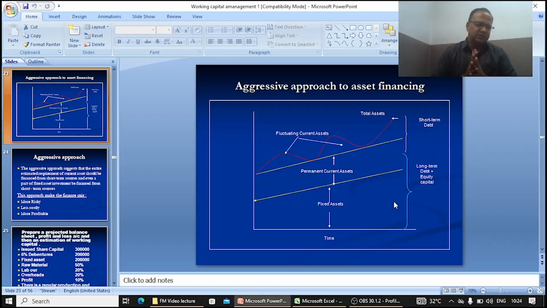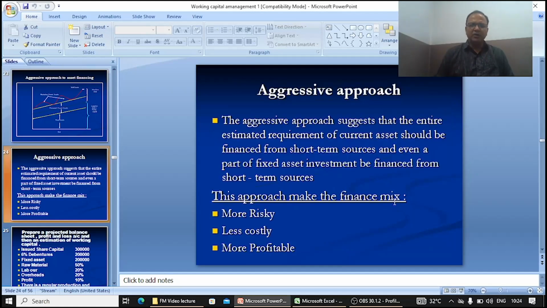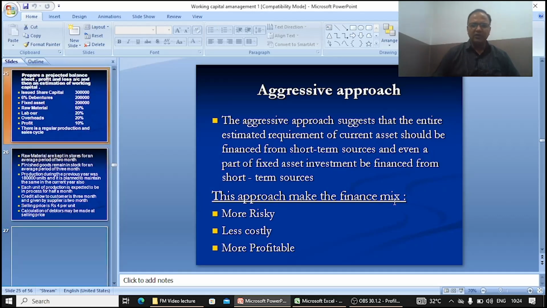So there are three approaches about the financing of working capital. It depends on the management of the organization what type of financing approach you want to follow.